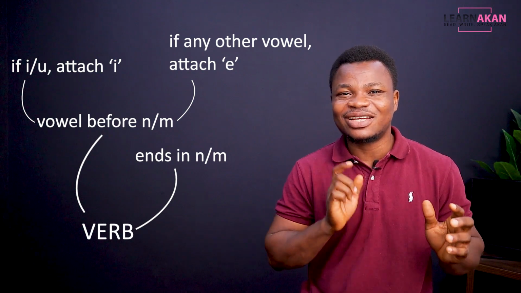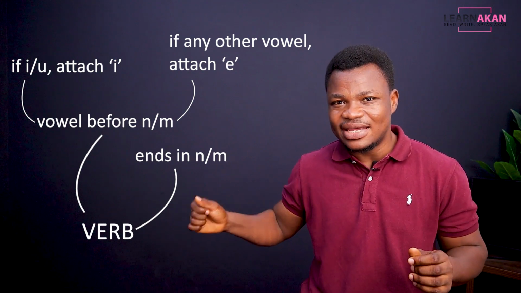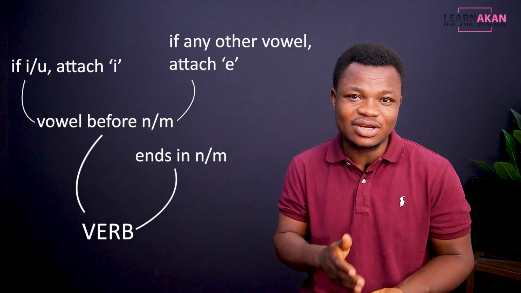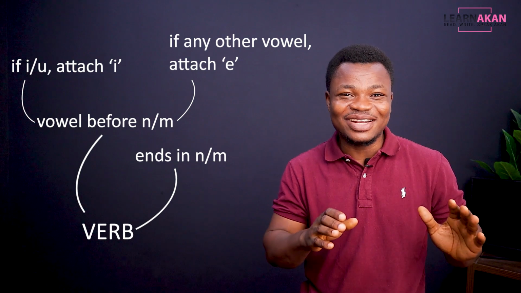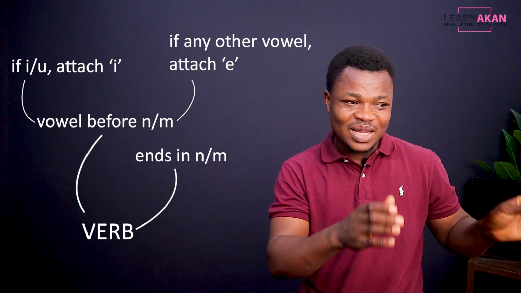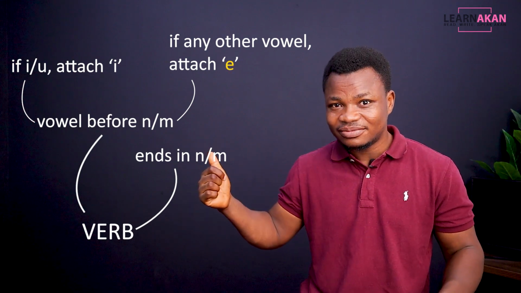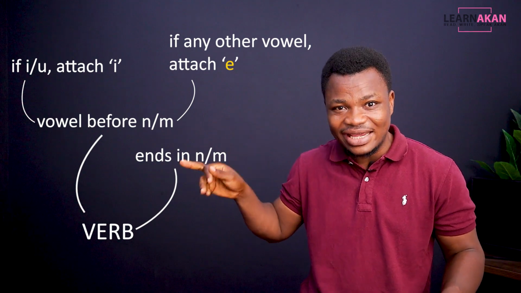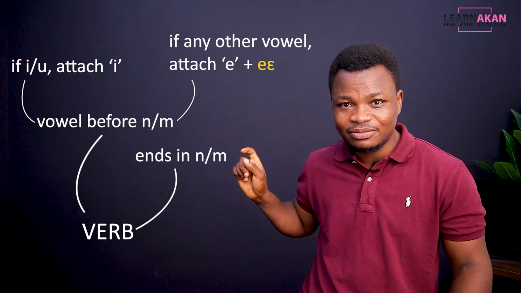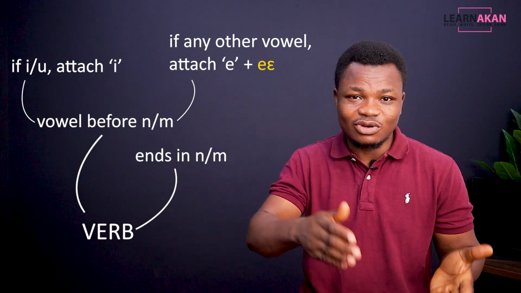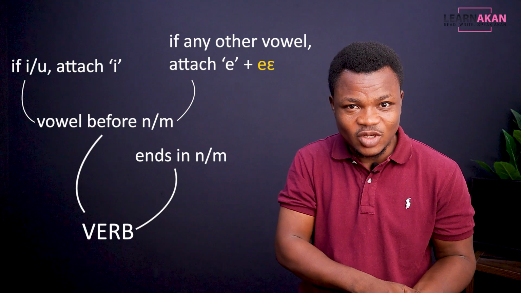Now, having attached the vowel e to the end of that particular verb, the rest is easy. All that you have to do now is to look at the verb. If it ends in e, as in if you attached e to the end of that verb, then you choose a as the suffix to form its past tense. Right?